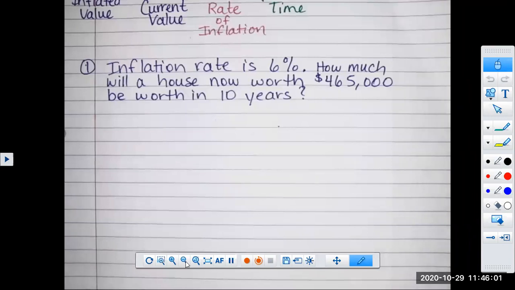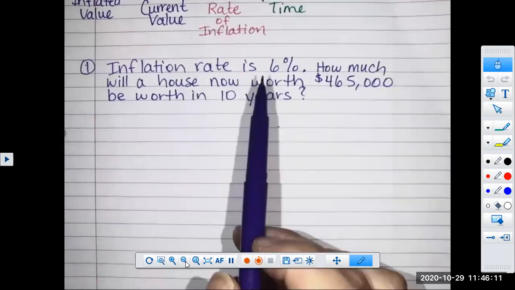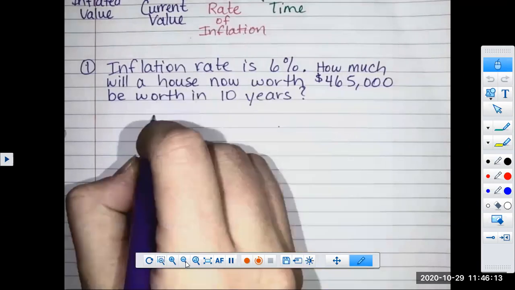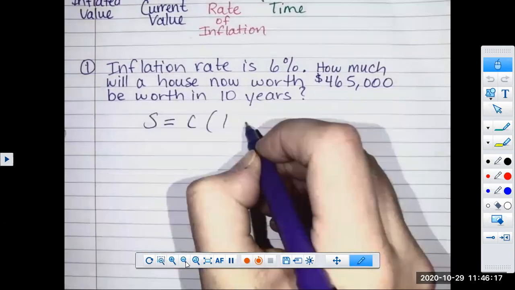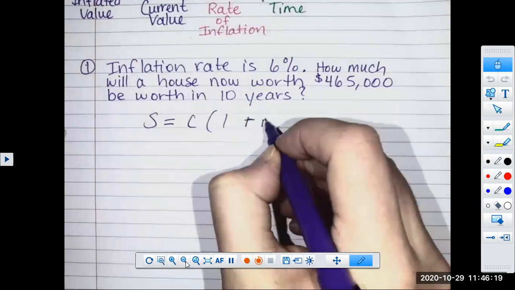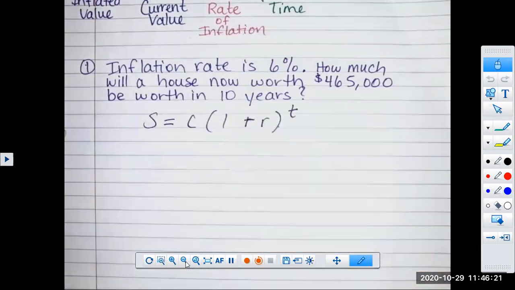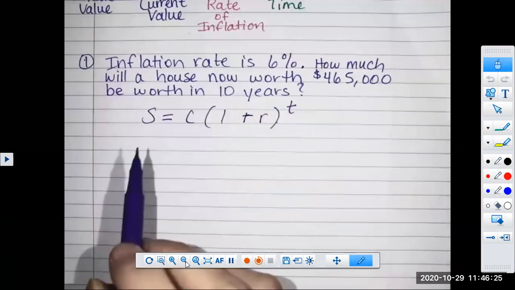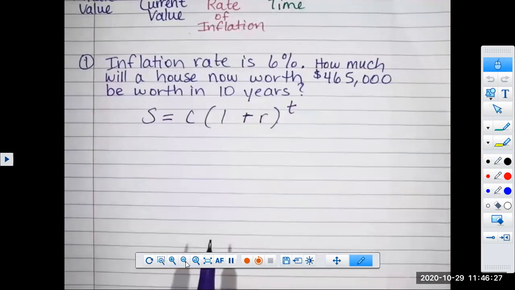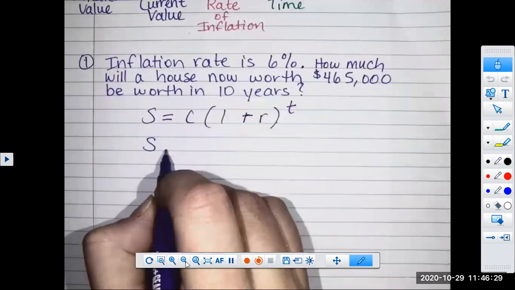Okay, you have an inflation rate of 6%. The house's value currently is $465,000. How much will it be worth in 10 years if it has this inflation rate? So use your inflation formula, go through and plug in. S is the projected value the house will be in 10 years, so that's what you're trying to find.